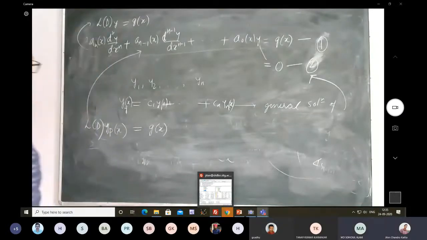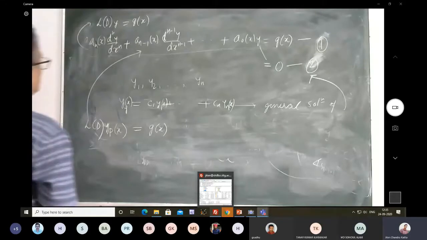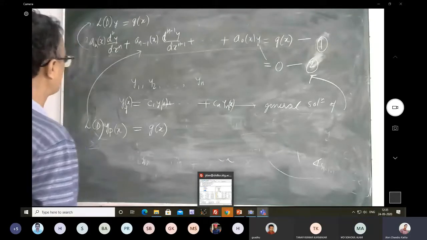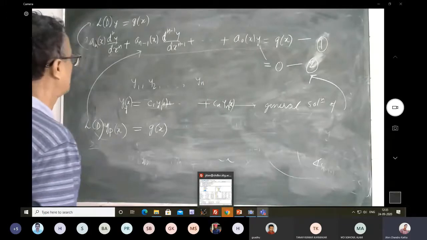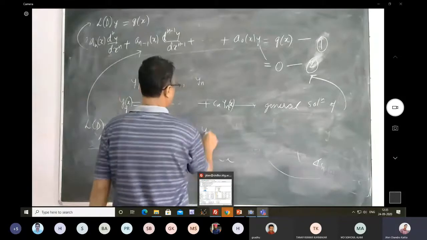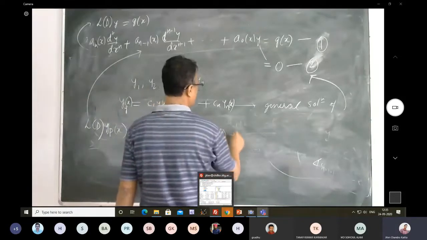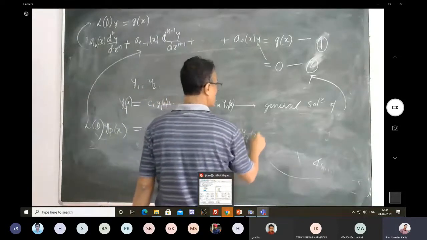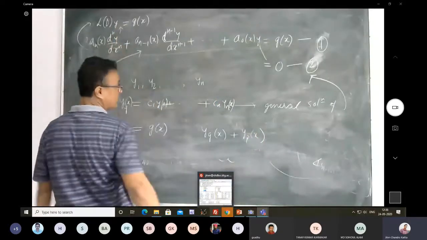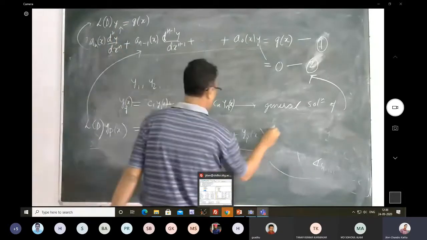Okay. So now if I plug in y_h(x) plus y_p(x) in this equation, then what is going to happen?